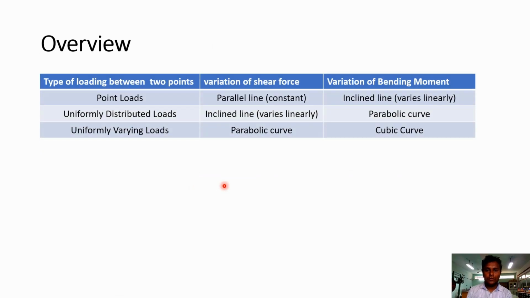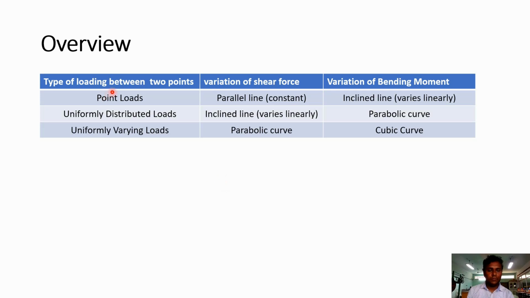Now before going to draw any loading diagram from a given shear force diagram, let us overview the previous part of this unit: if we have different types of loading, then what should be the variation of shear force and what should be the variation of bending moment.